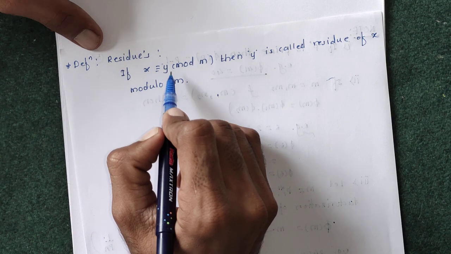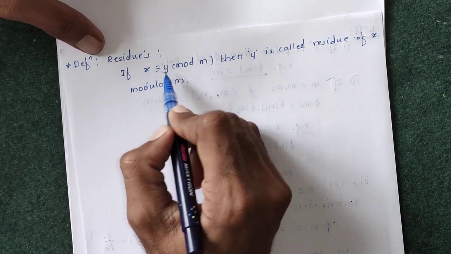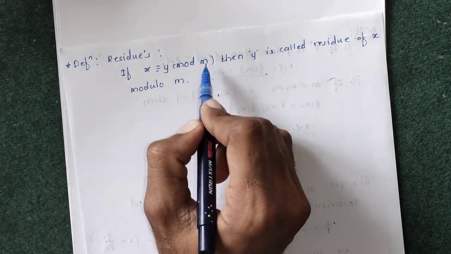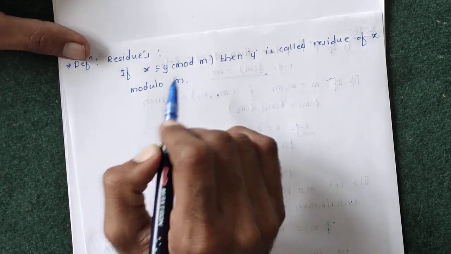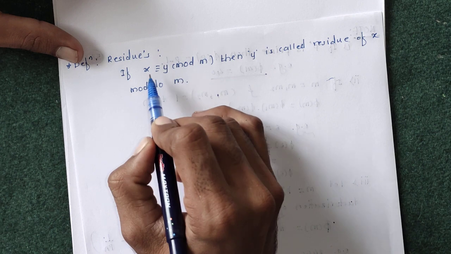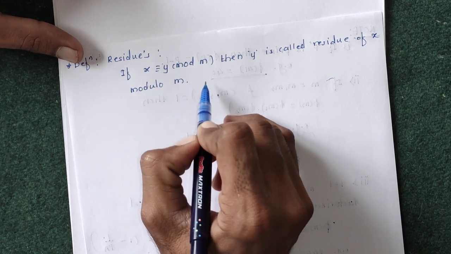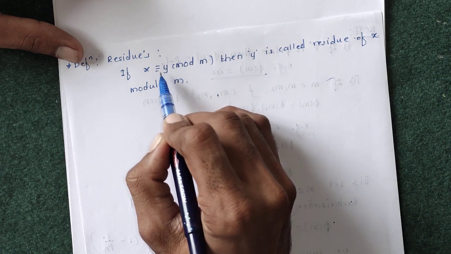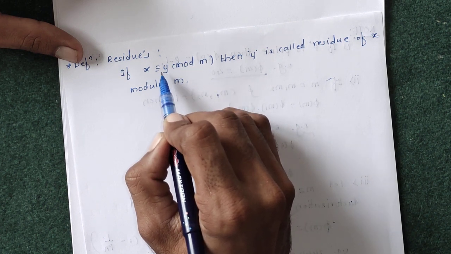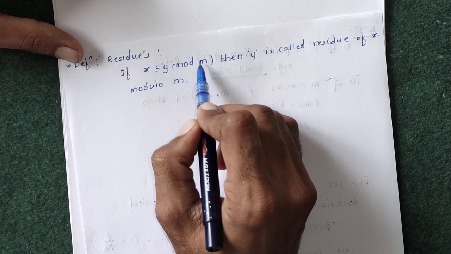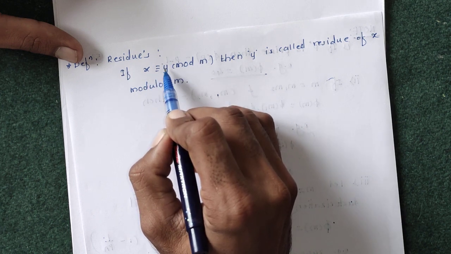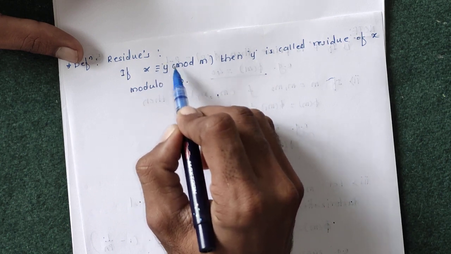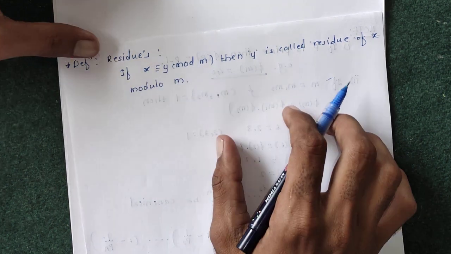The definition of residue says that if we have given the congruence x is congruent to y modulo m, then we say that this y is residue. That is, if we divide x by m, then m divides x minus y means y is the remainder. Whenever we divide x by m, this remainder y is called residue.